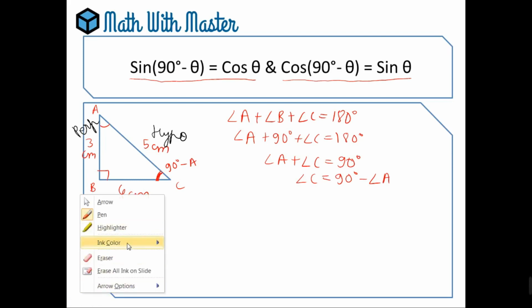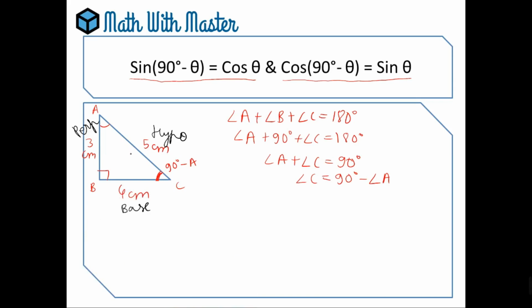And now for angle A, perpendicular is BC and base is AB and hypotenuse is AC.